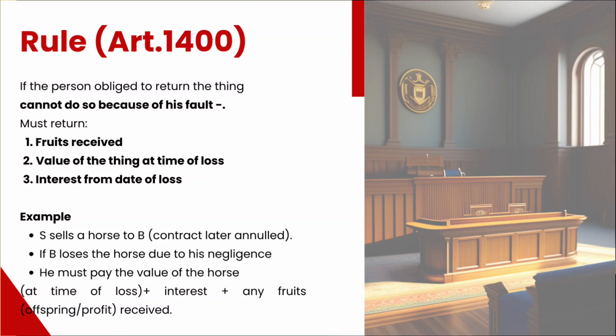Example: S sold his plow and carabao to B. On the petition of S, the contract was annulled by the court. But the carabao died in the possession of B through his fault. Under Article 1400, B must pay the value of the carabao at the time of its death, with interest from the same date. If the carabao had given birth, the young must also be delivered as the fruit of the said animal.